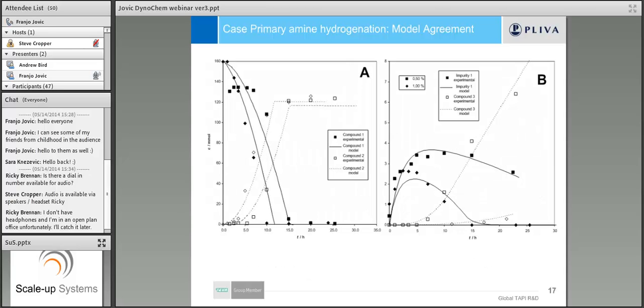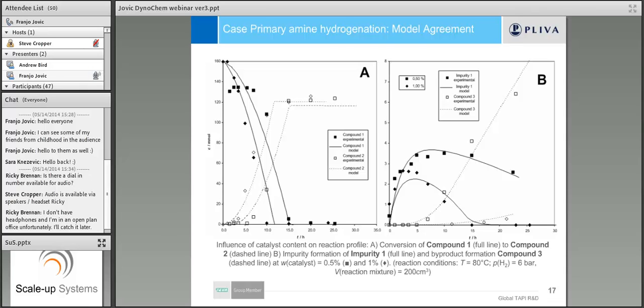And also the amount of catalyst: you can use as much catalyst as possible, but you need to consider something optimal, and we found that 1 mole% is something which we can work with.